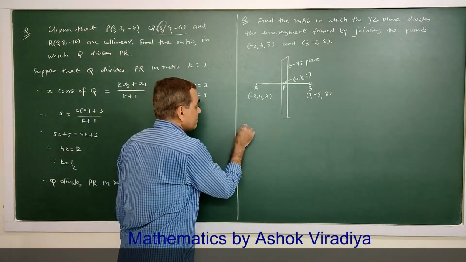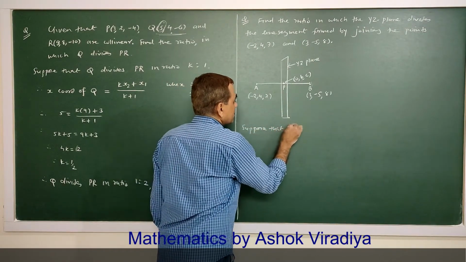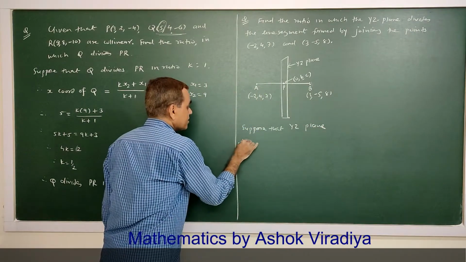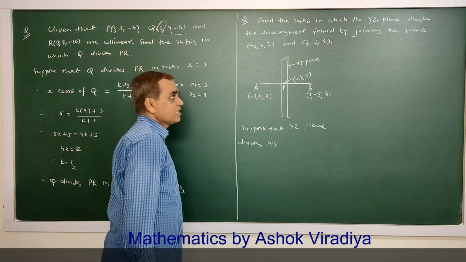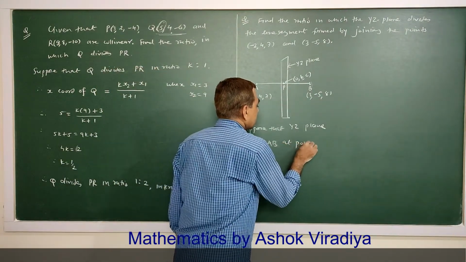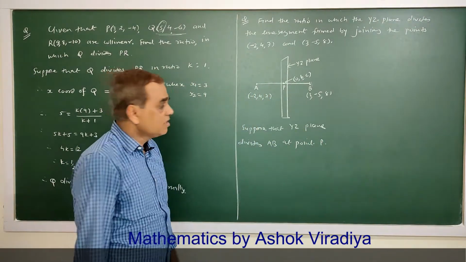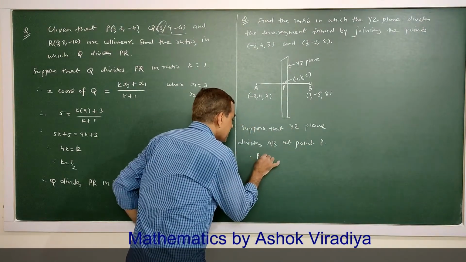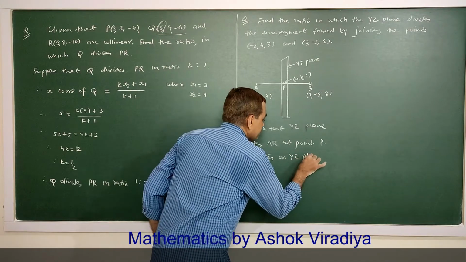So here suppose that YZ plane divides line segment AB at point P. So P lies on YZ plane, therefore the dividing point lies on YZ plane.